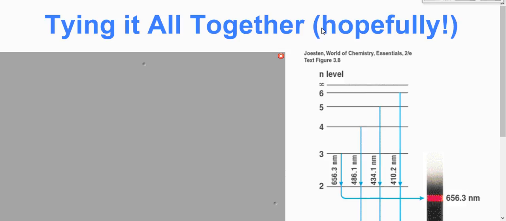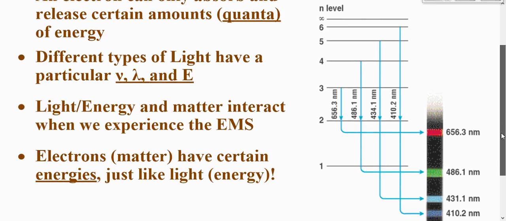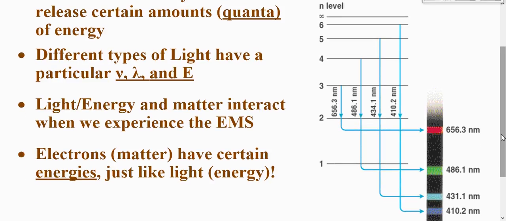So to try and wrap this up, hopefully, an electron can only absorb and release certain amounts of energy, which is called quanta. Every different type of light has its own unique wavelength, frequency, and energy. Light and energy and matter interact, and that's how we experience the electromagnetic spectrum.